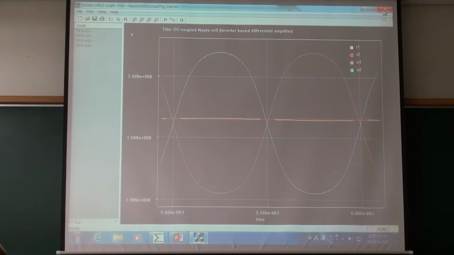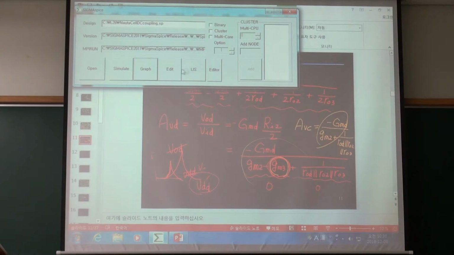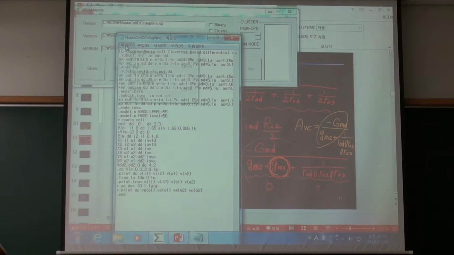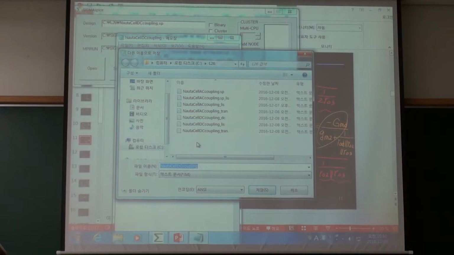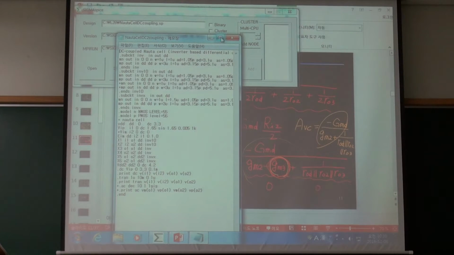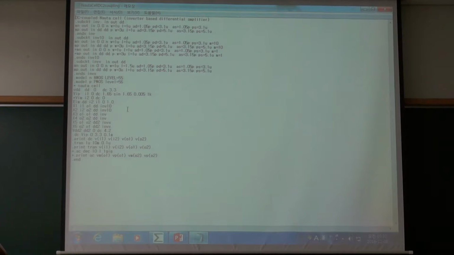Okay, so this is a differential input. Can I make this one into a common mode input? Let's see, Nota cell DC2. I want to change this thing into a sub-circuit, like this, a dot SUBCKT Nota.